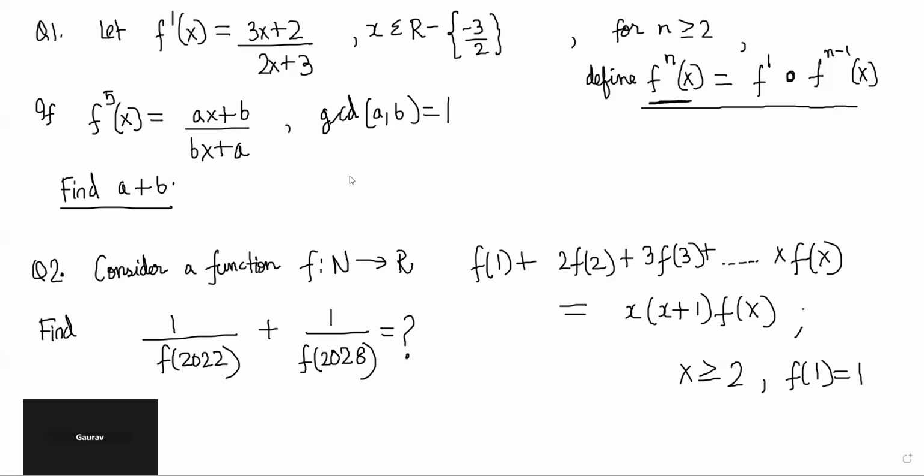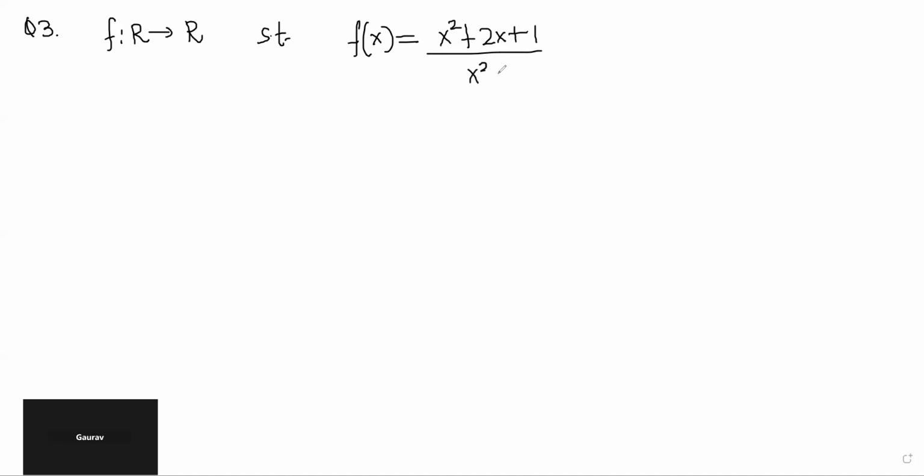Have you written down both of them? Yes, sir. Okay. Question 3 is, let f be from R to R such that f(x) is equal to (x squared + 2x + 1)/(x squared + 1). The options are: A, f(x) is many-one in minus infinity to minus 1.